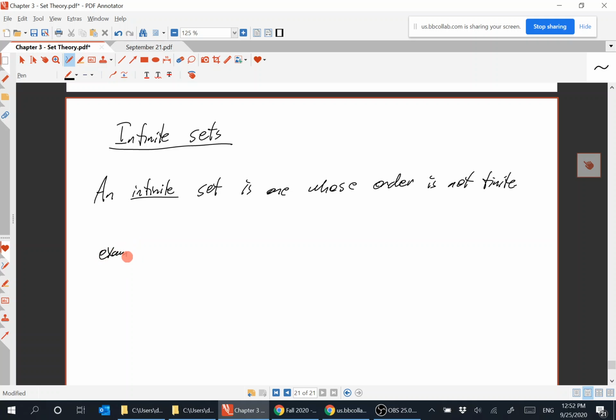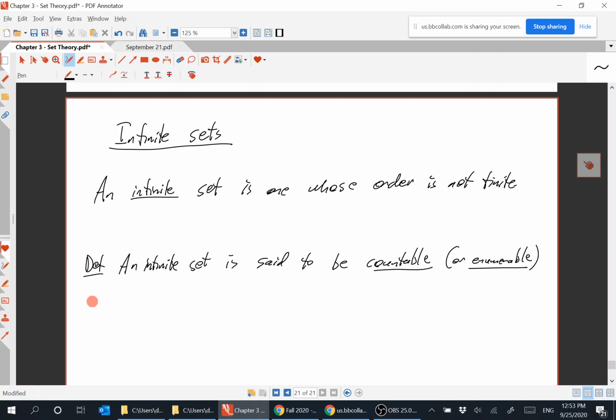So the basic definition. An infinite set is said to be countable or enumerable when its elements may be labeled 1, 2, 3, 4, 5, 6, 7.